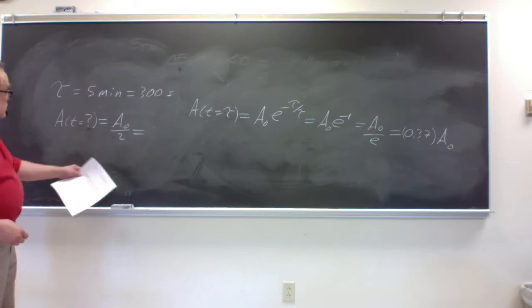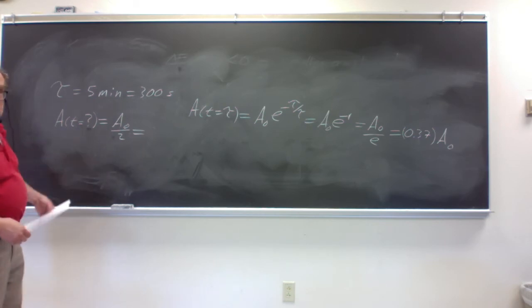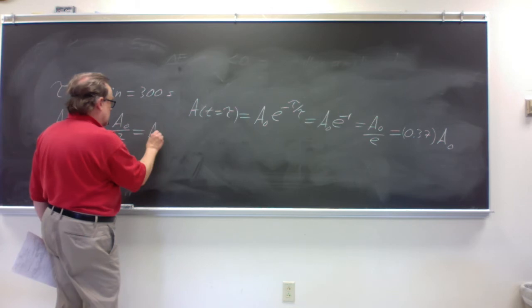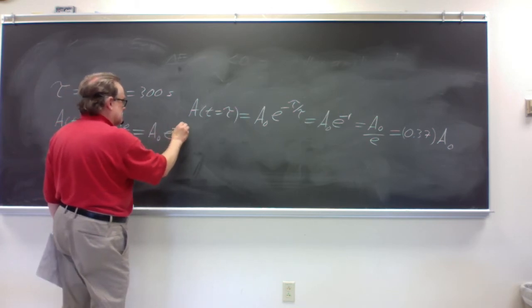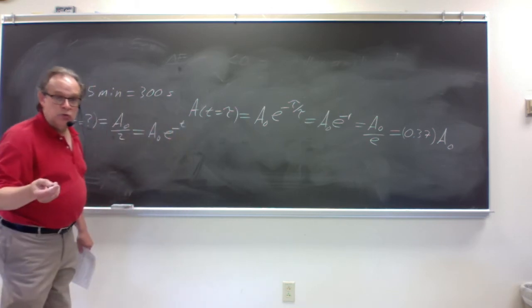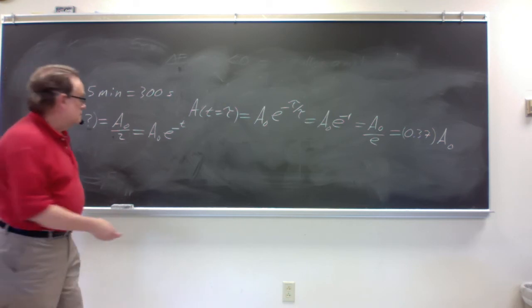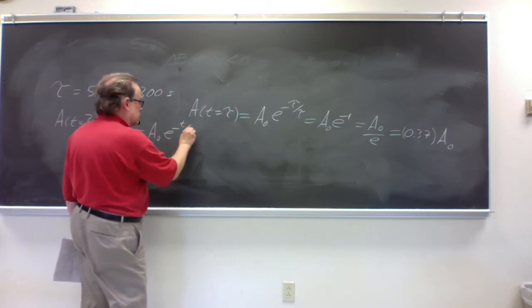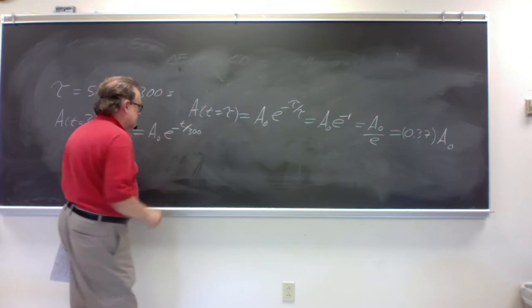But now, write the equation for amplitude as a function of time, a0 e to the minus mystery time that we're trying to figure out, divided by tau, which is 300 seconds.